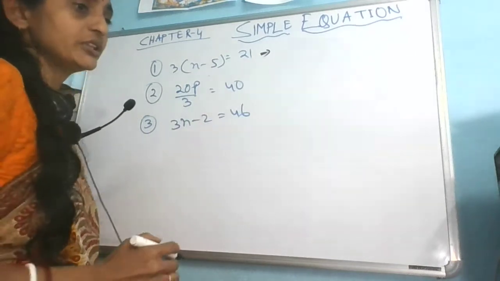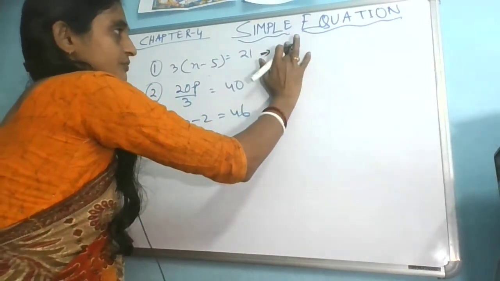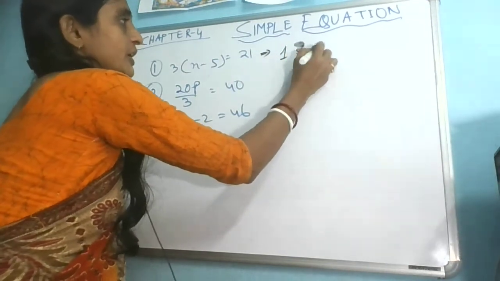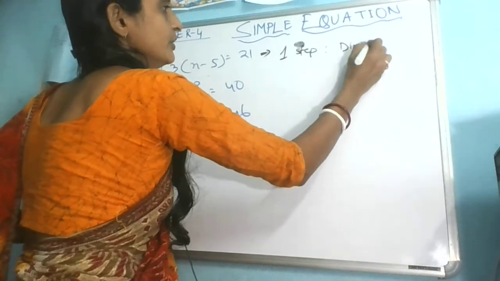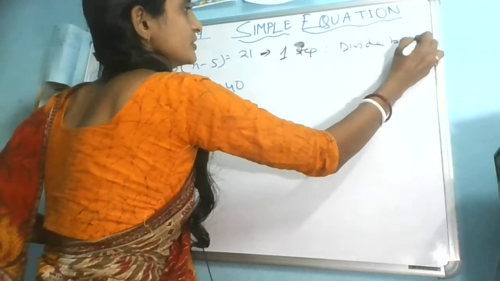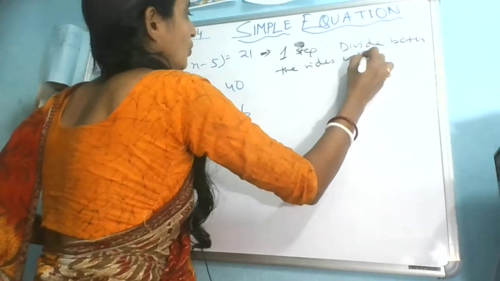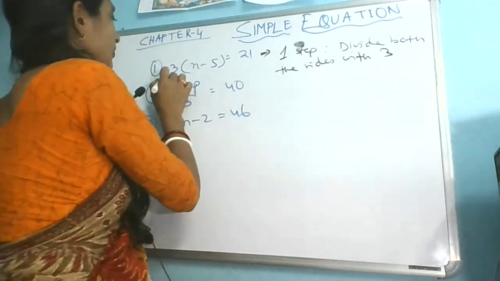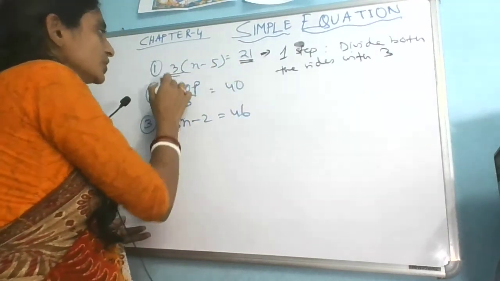So what I can do in this case, in the first step, we will divide both the sides. What we will do? Divide both the sides with what? With 3, because if I am dividing this side with 3, that side also with 3, so that 3 will be eliminated.